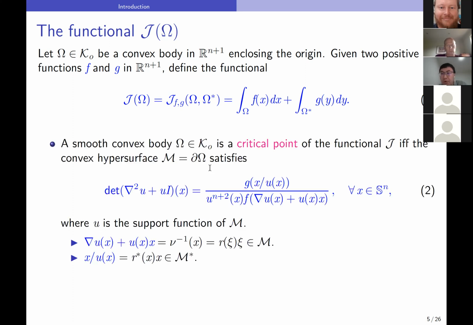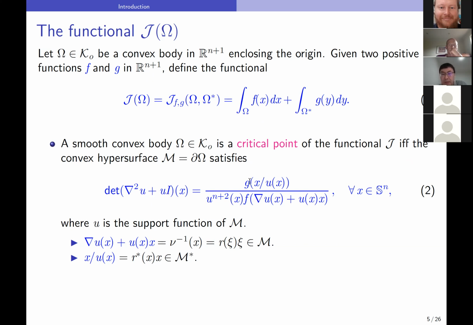You can verify that a smooth convex body omega is a critical point of this functional if and only if the convex hypersurface bounding omega satisfies the following PDE. Here U is the support function of M. The left hand side is just 1 over the Gauss curvature.